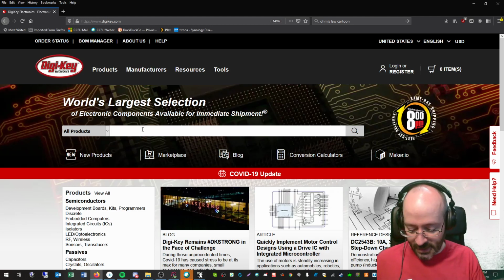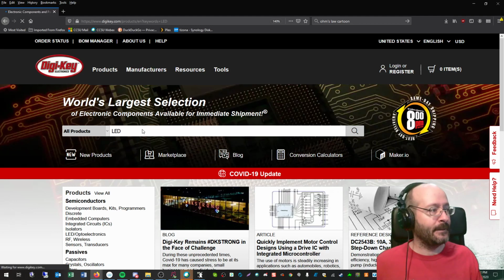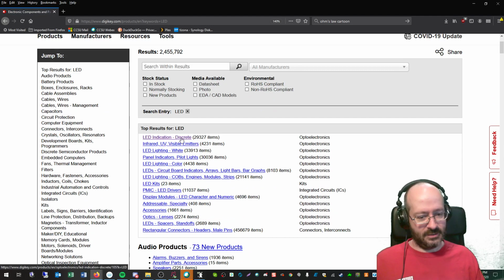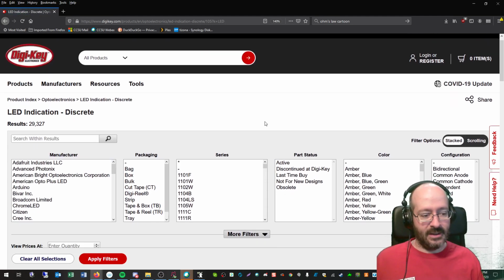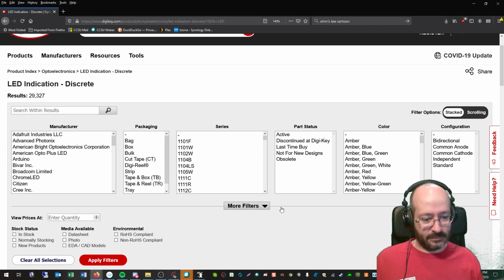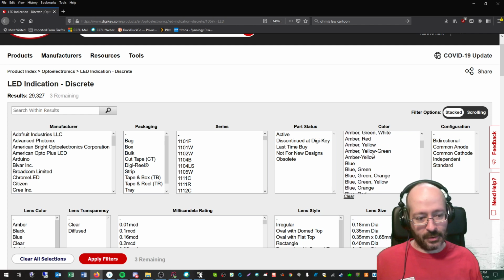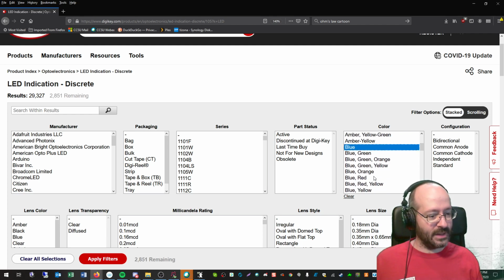Okay, so I'm going to go shopping for an LED, and I can come down here and I can say discrete LEDs, so it's just going to be an individual LED, and then I can shop by color. So amber, blue, some of them are multicolored, but we just want one that's blue.